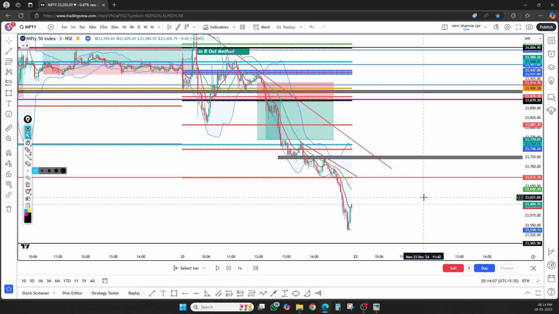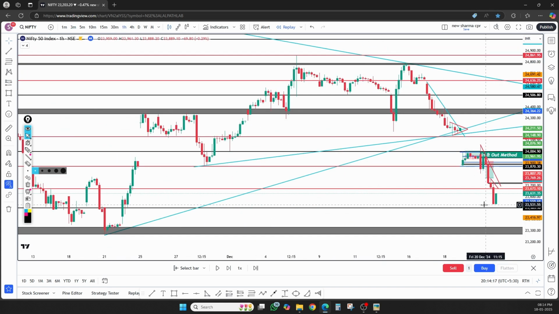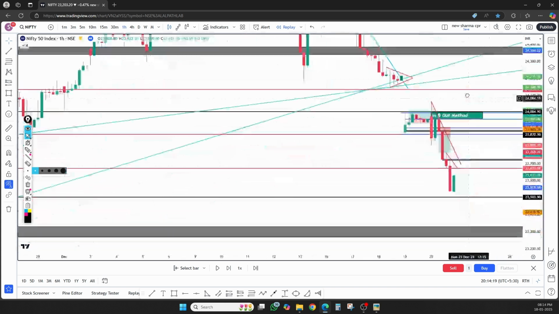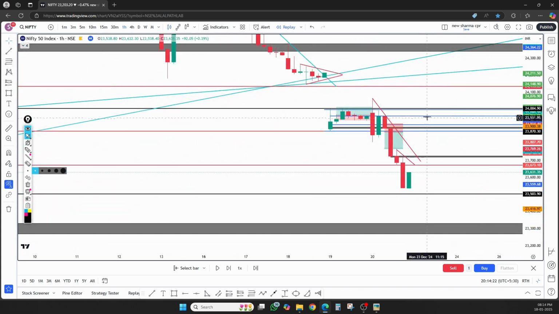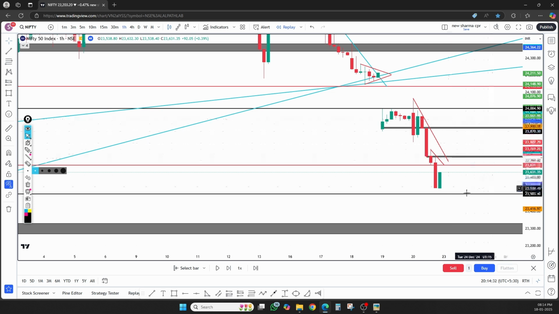Now let's see what happened next. Just hide this. 1 hour time frame. How to draw next day levels. We already have this trend line.